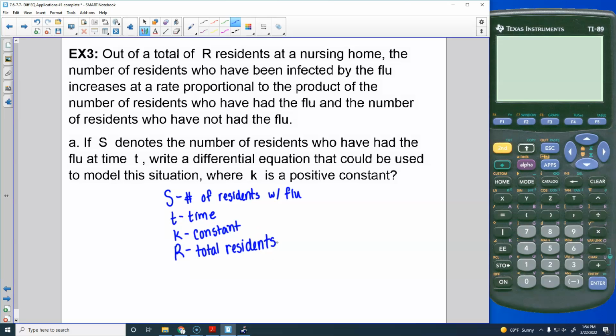Okay, so the question says write a differential equation that could be used to model the situation where K is a positive constant. So what we're monitoring here is the number of residents who have had the flu, right? So our differential equation needs to be dS/dt. That's going to be the rate at which the residents are getting the flu.